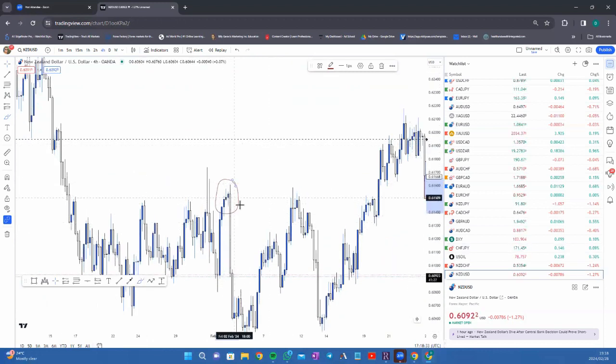So the difference between the two, I'll try to draw it. It's very difficult. But if we get an engulfing candle like this, okay, just say that's the big candle, and then this is a small one. Okay, if that happens, and the wick is inside, so the wick of that candle is inside that candle, that is a type 1, okay?